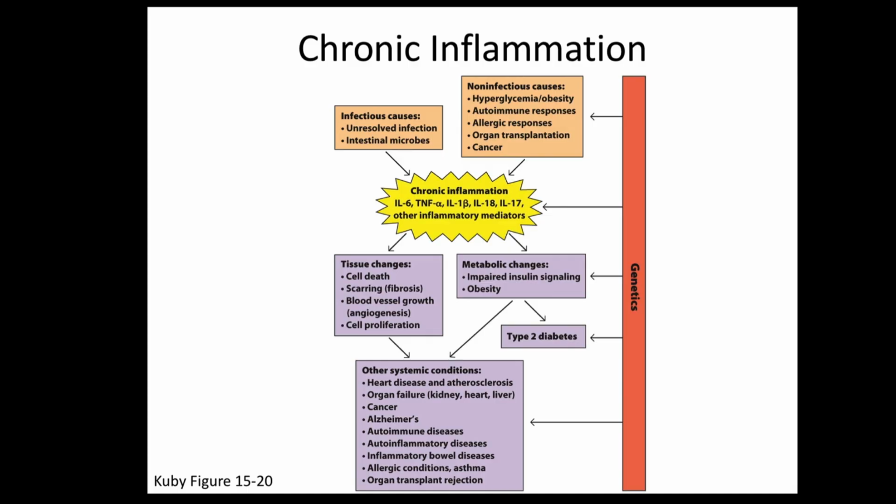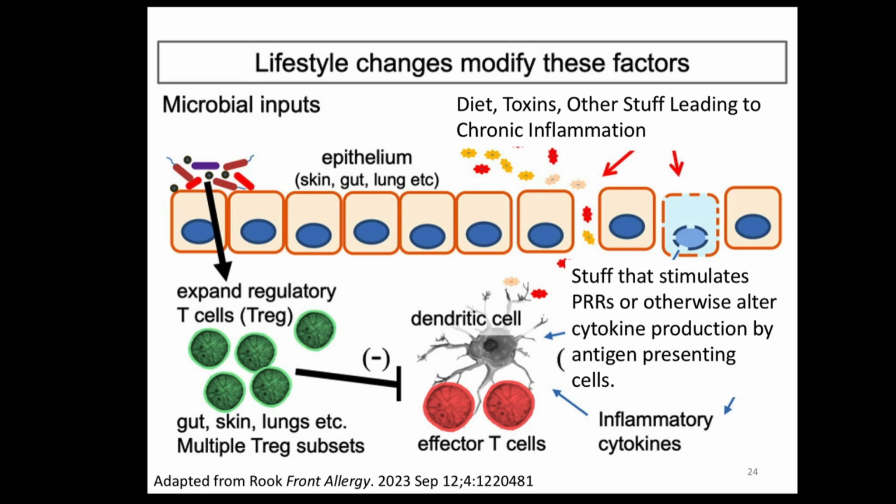I think the next two slides are getting at this. You can see diet, toxins, other things lead to chronic inflammation. That could actually deviate your immune response. And so all of these things could be working together to deviate you towards a higher inflammatory state. Maybe normally people did not make Th1s and Th17s as often, but now we don't have the regulatory responses, so we're going Th1, Th17 too much.